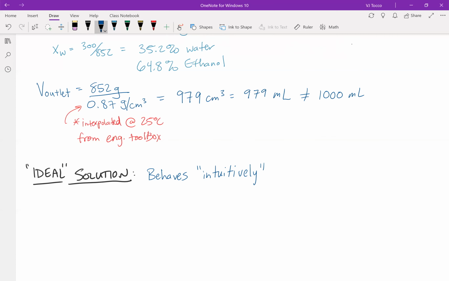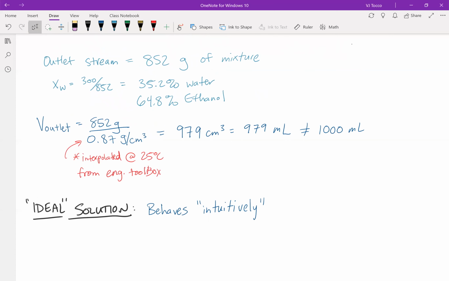So in other words, if I were mixing benzene and toluene, for instance, benzene is a cyclohexane molecule like this. Toluene is a cyclohexane with a methanol group like that. Those molecular structures look pretty similar with the exception of this bond over here. Or another example that you can take is hexane and heptane.